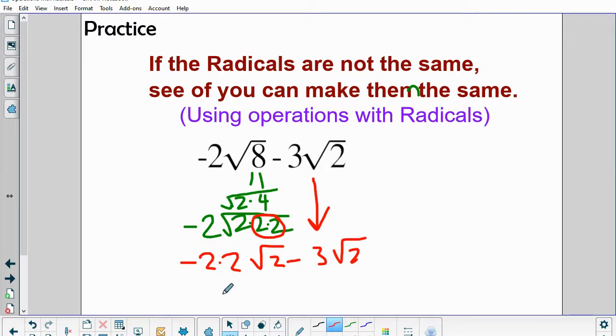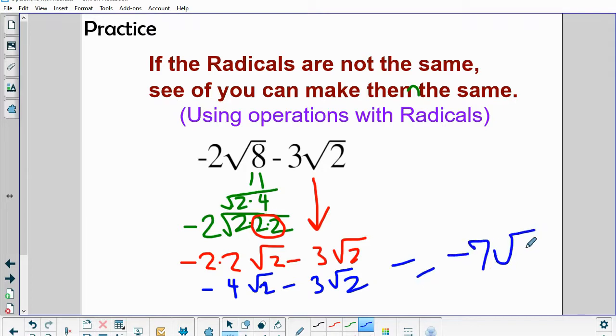So then this first one will simplify to be negative 4 square root of 2 minus 3 square root of 2. And negative 4 subtract 3 is equal to negative 7 times the square root of 2.